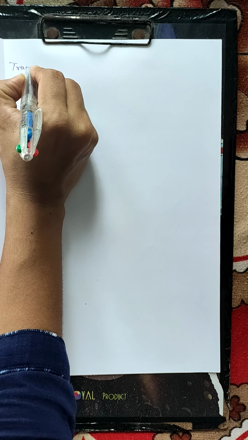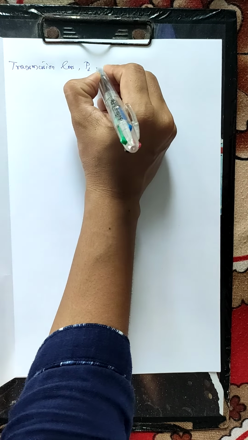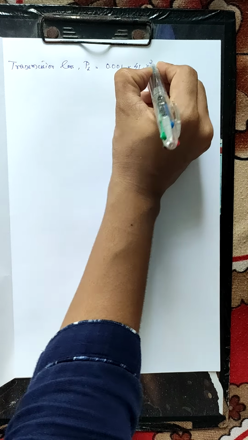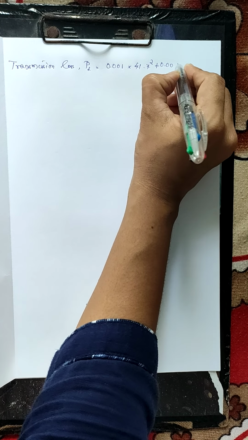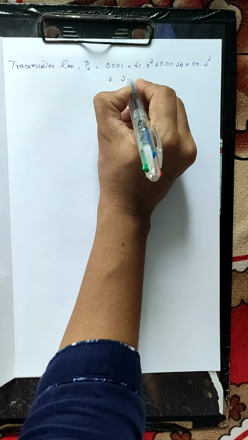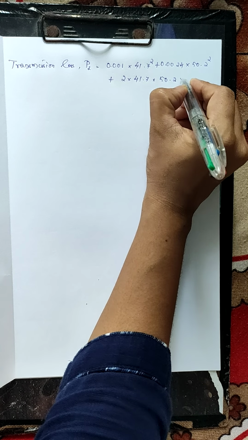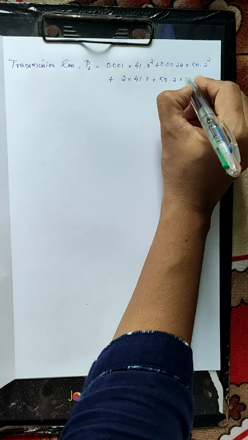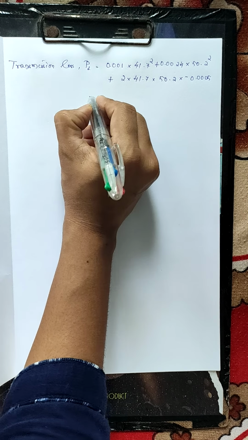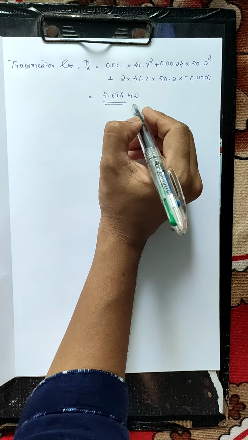So transmission loss PL equal to 0.001 P1 square, that is 41.7 square, plus 0.0024 P2 square, that is 50.2 square, plus 2 into P1 into P2 into B12, that is minus 0.0005, and the answer will be 5.694 megawatt. So this is the transmission loss occurring in the system.